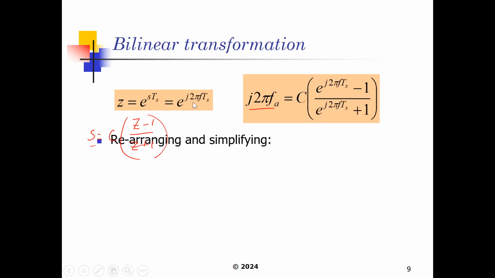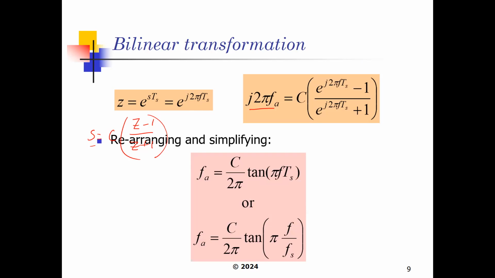And if you rearrange and simplify, you get that fa is c over 2 pi tan(pi f Ts), or pi f over Fs, however you want to remember it. So we know this because this comes from our analog filter design. This is what we want.